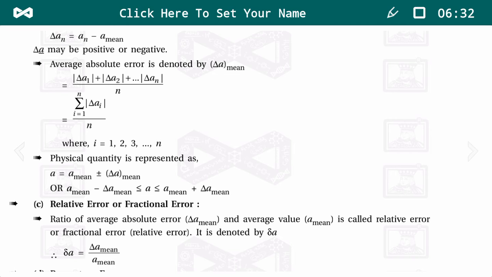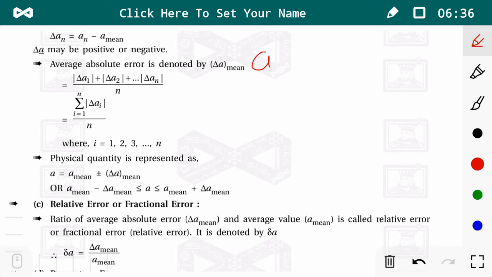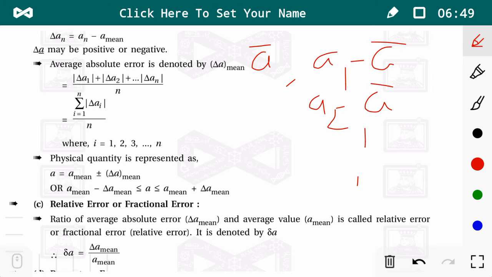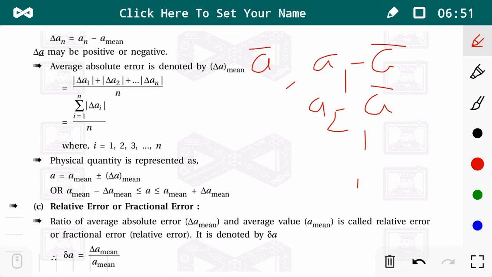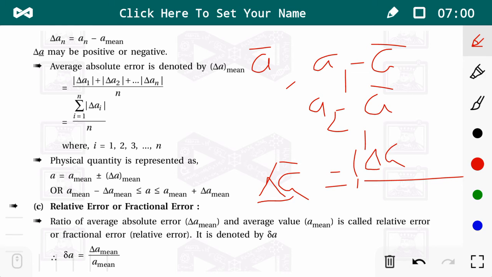First of all you have to find A bar, then A1 minus A bar, A2 minus A bar, and so on. Then find delta A bar by adding delta A1 up to delta AN in mod and dividing by n.